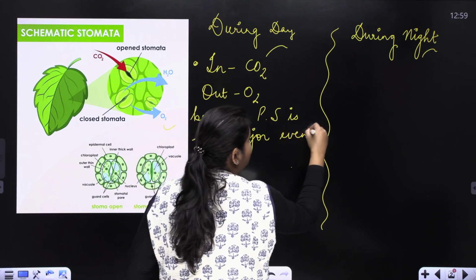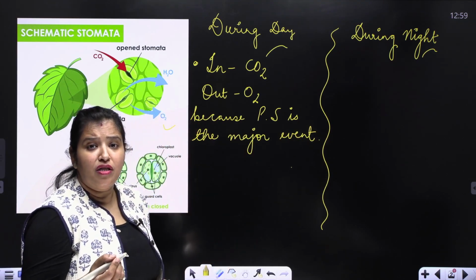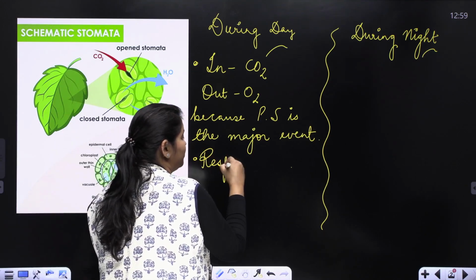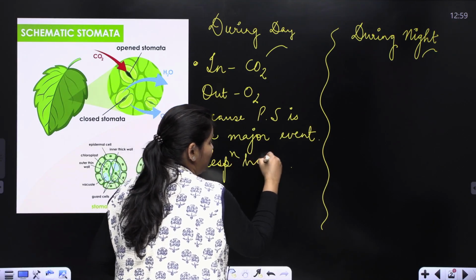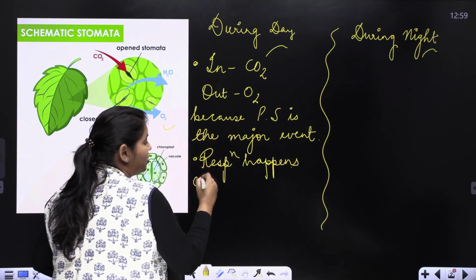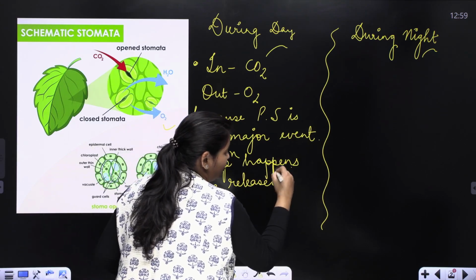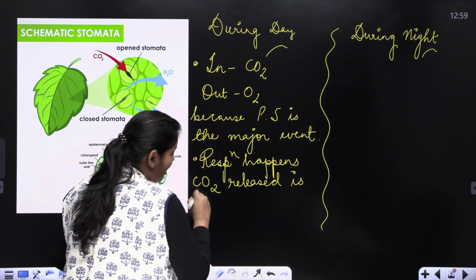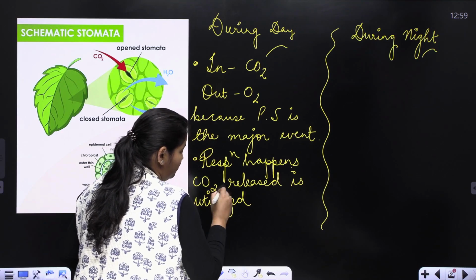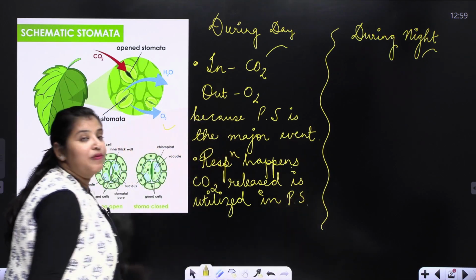Now, this doesn't at all mean that no respiration is taking place during the day. Respiration is also happening. And you know that during respiration, carbon dioxide is released, which is utilized in photosynthesis.